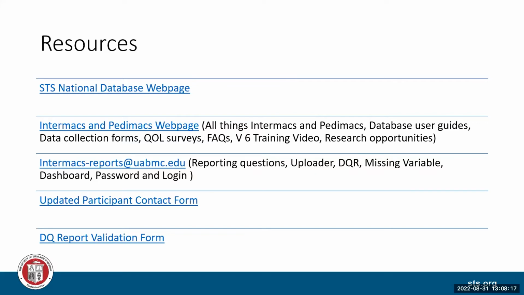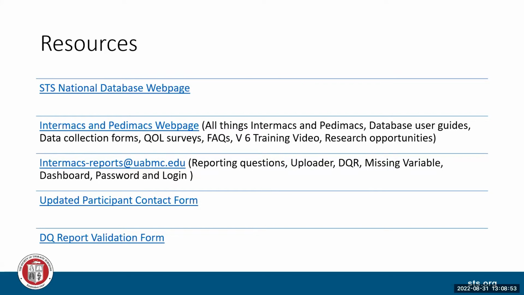When you get to the Intermacs webpage, you'll click on appendices and you'll see where the user guide is. There's a YouTube training video. The adverse event definitions are listed there. Most importantly, the Intermacs and PDMacs user guides are listed there. We also have a FAQ user guide that Patricia works on every month, and we update it with questions within certain sections of the user guide.